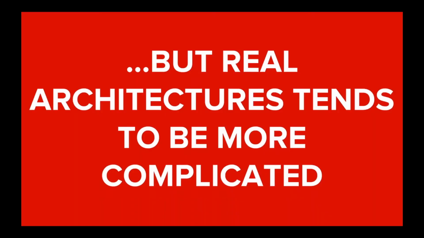But again, in the real world, architectures are way more complicated than this. Most likely you're not going to have a single client, but thousands of concurrent clients requesting different types of resources. And you won't have a single backend, but at least 2, 3, up to hundreds of backends.